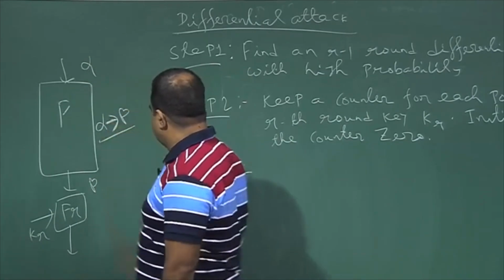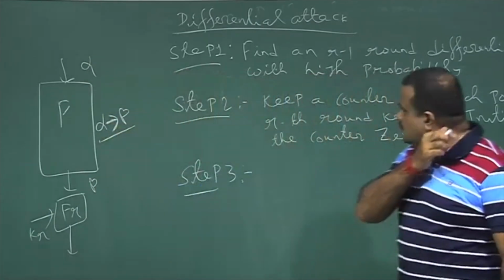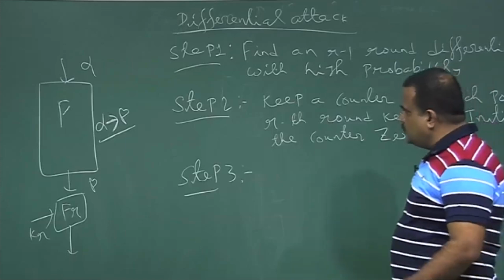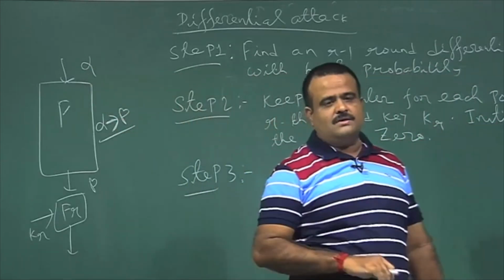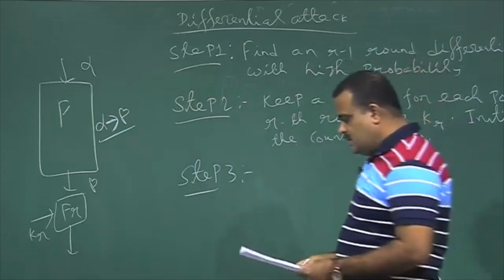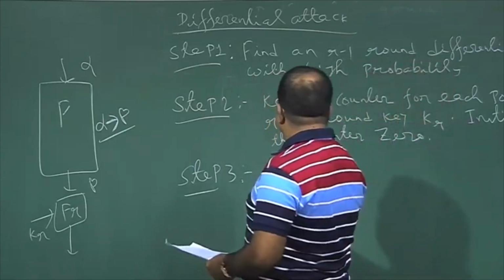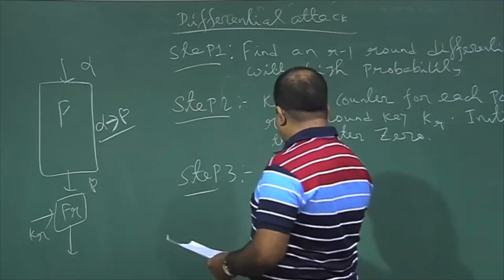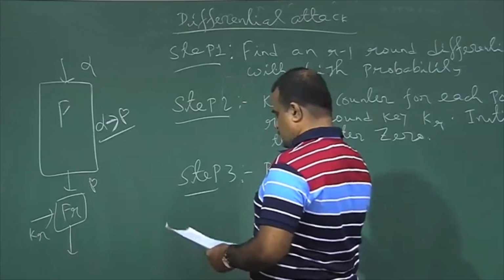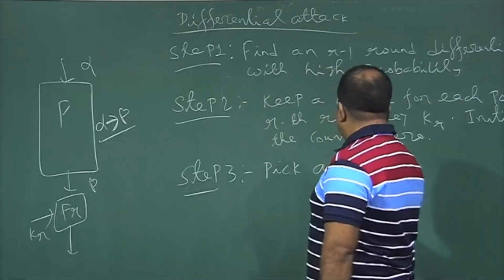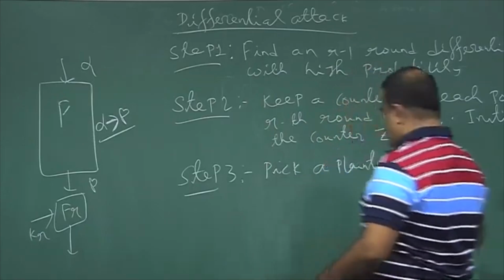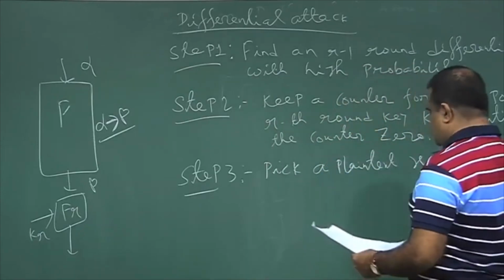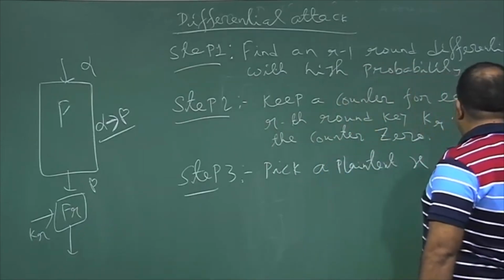Now we need to choose the input difference alpha in a plaintext. For that we pick a plaintext x uniformly at random.